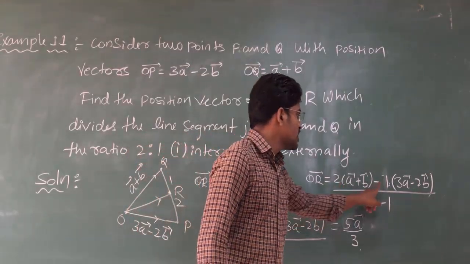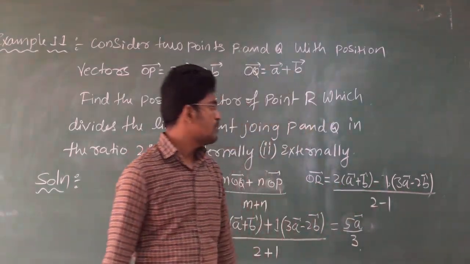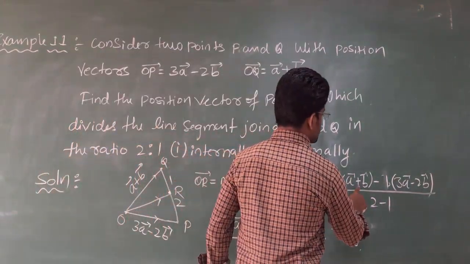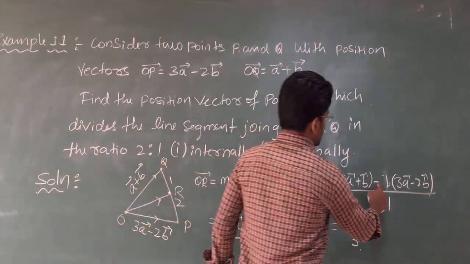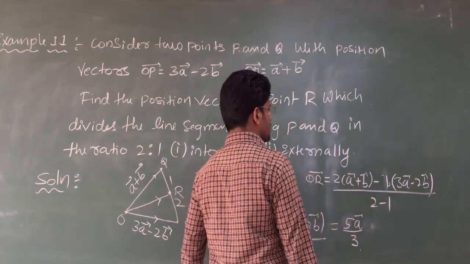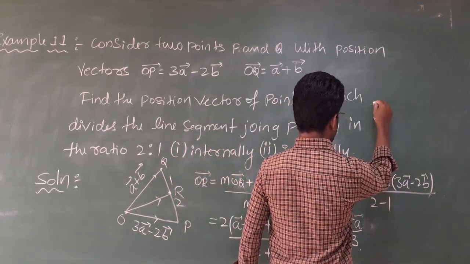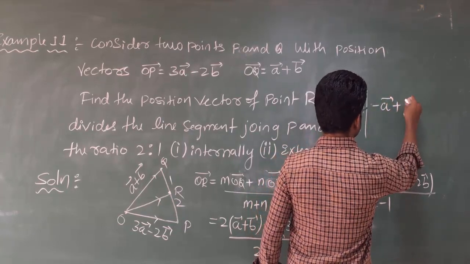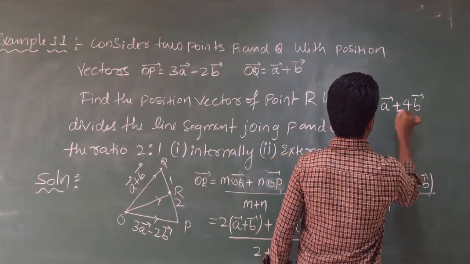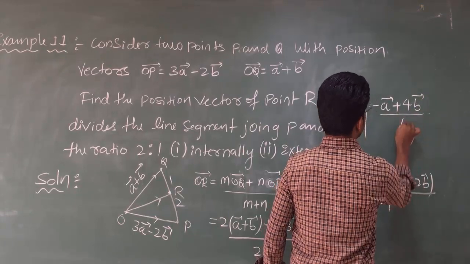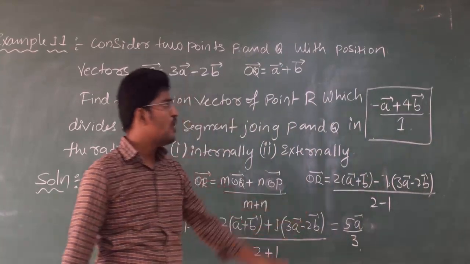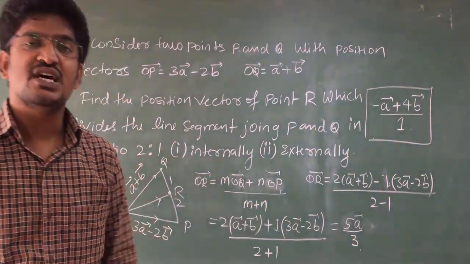So 2 times vector A minus 3 times vector A means minus vector A. Here minus into minus, plus 2 times vector B. So that will be minus vector A plus 4 times vector B divided by 2 minus 1, which is 1. So this will be your vector OR externally.